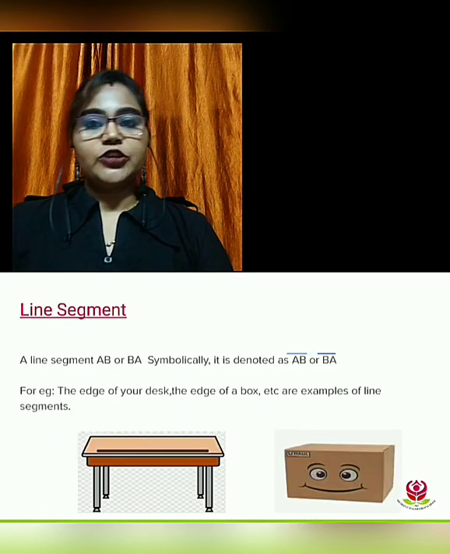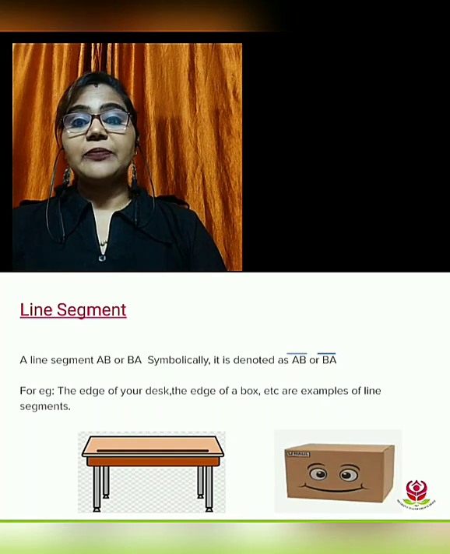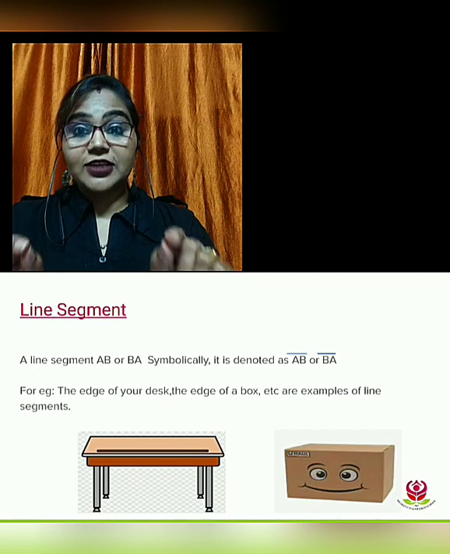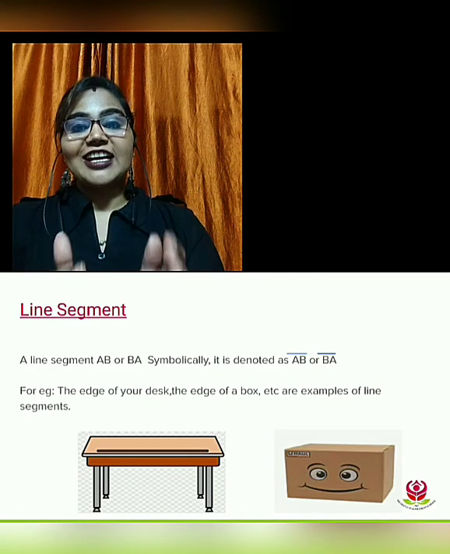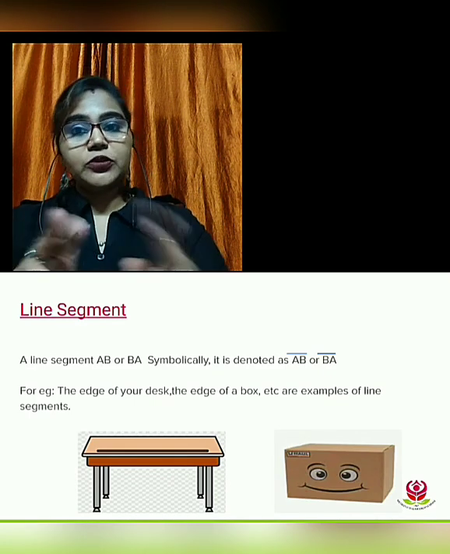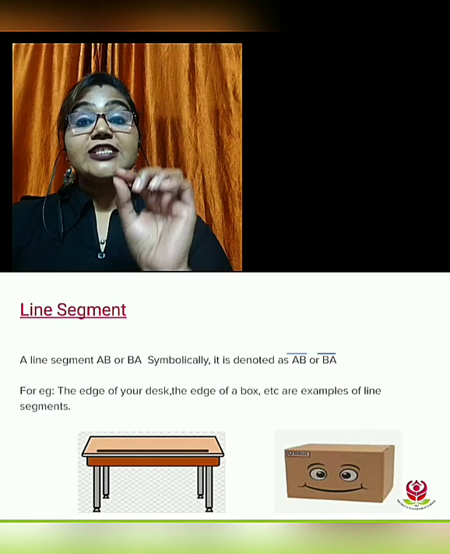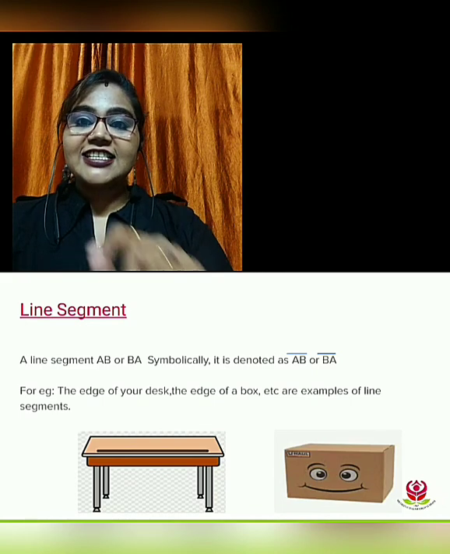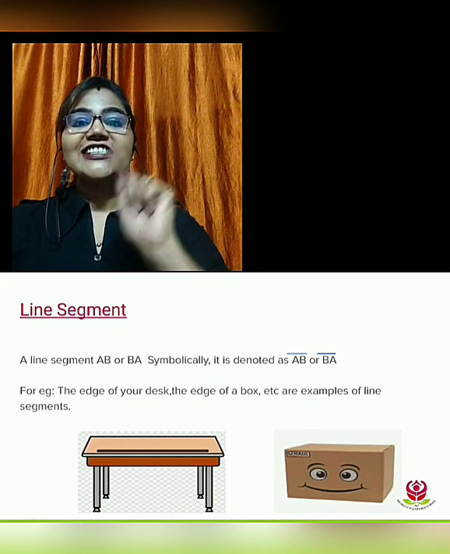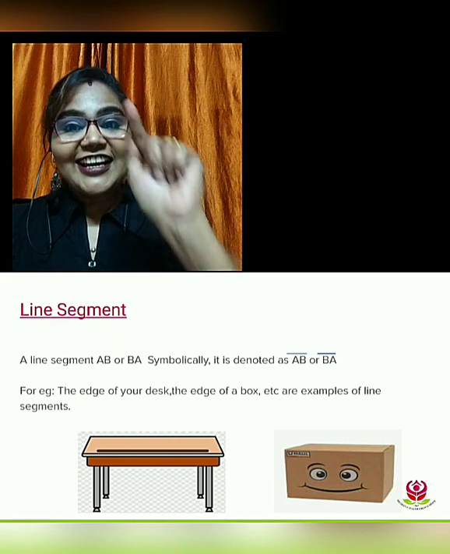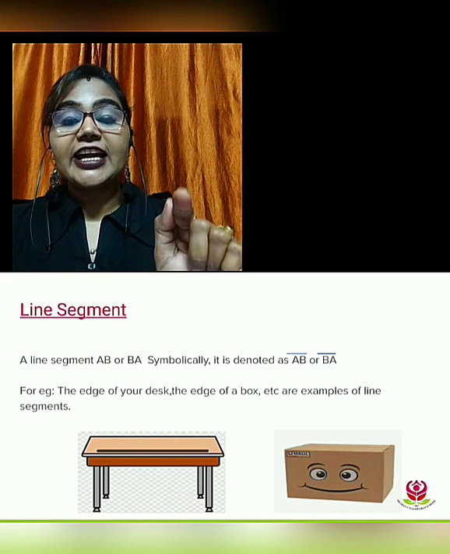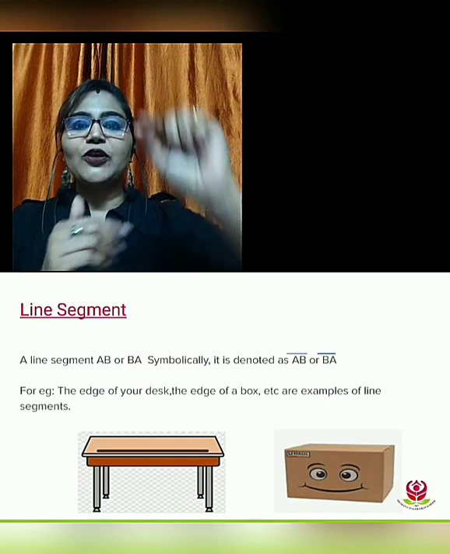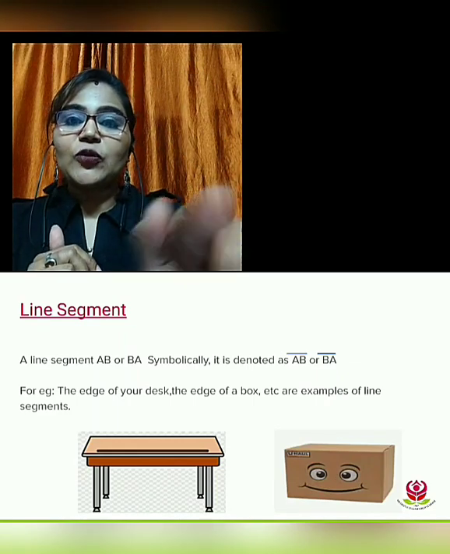In the previous figure which you had seen, the name was given to the line segment. So a line segment AB or BA, both the ways you can read it. Symbolically, it is denoted as line segment AB or line segment BA. As you can see in the figure, a shape is drawn above the letters AB or BA.